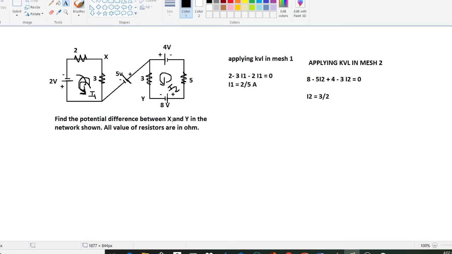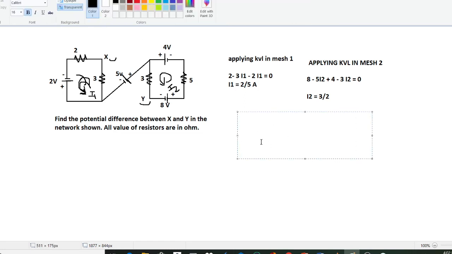Now we need to determine the potential difference between this point X and Y. So Vxy equals Vx minus Vy.